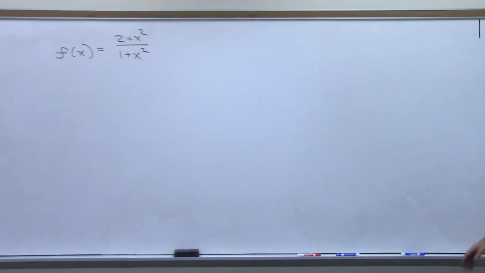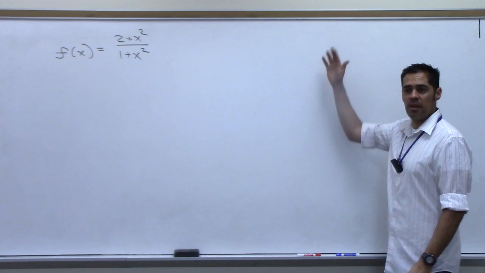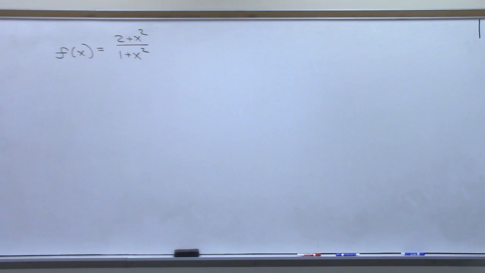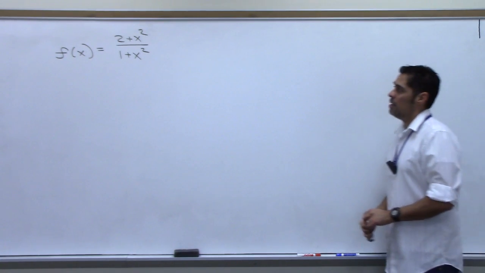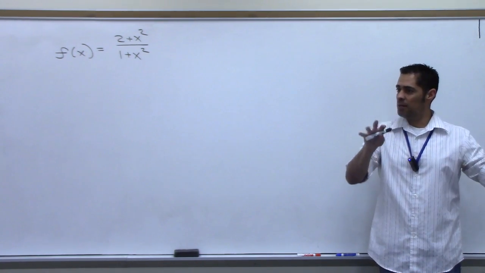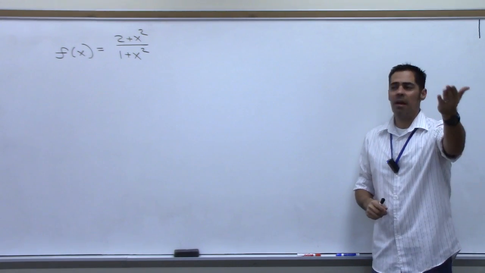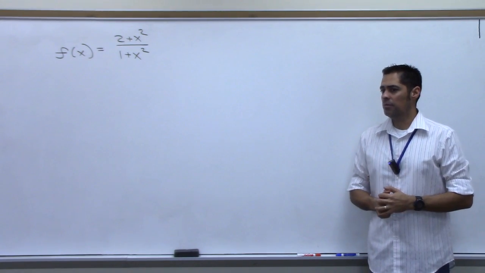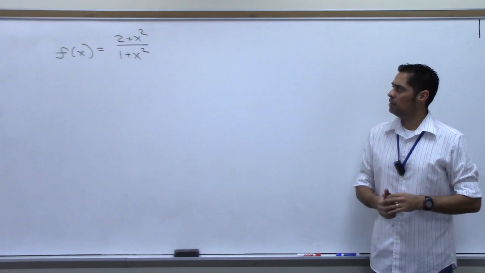Can you just do top and bottom separately? No. So your only hope, from what we've learned so far, is that you can either break this up into powers of x, with pluses and minuses between them, or it's something that you recognize from the table, from derivatives from Cal 1.